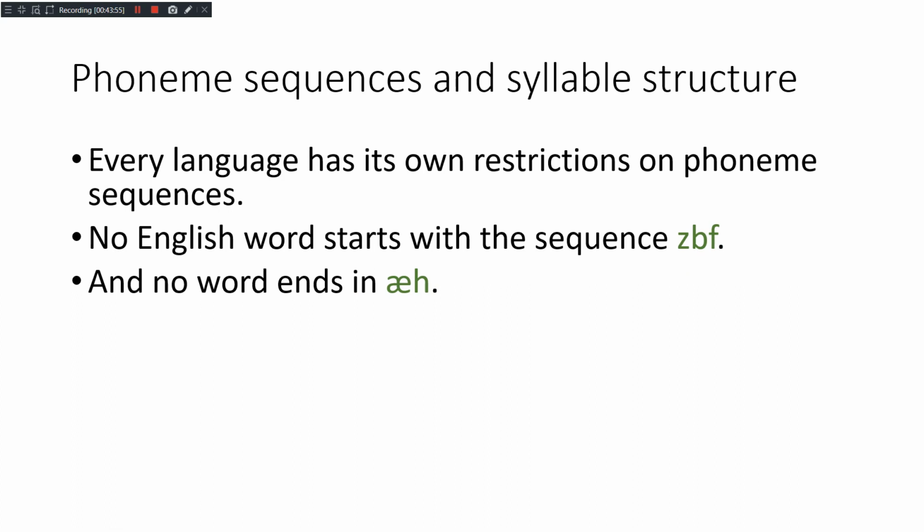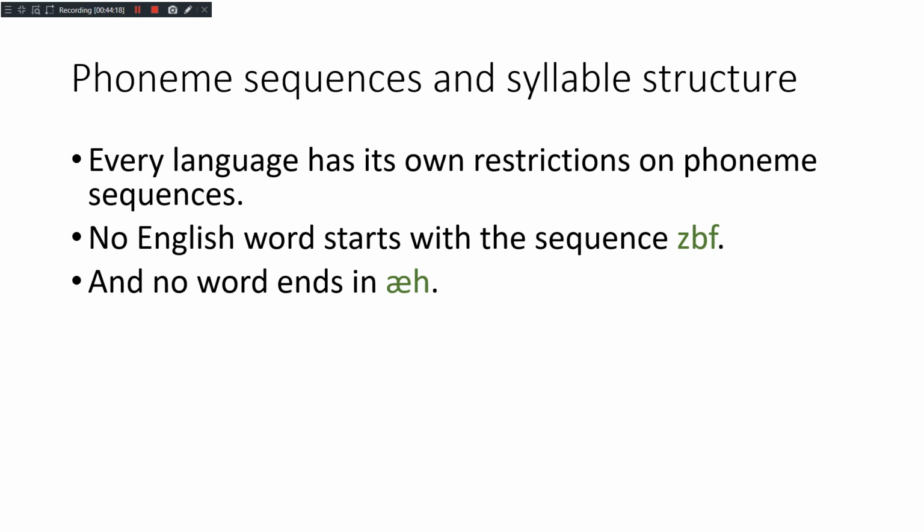And no English word ends with this, but this one is possible in other languages. Think of gunah. Yeah, it ends with h at the end of the word. In Arabic, ilah is possible, but in English, this is not possible. So this is one of the restrictions on phoneme sequences.